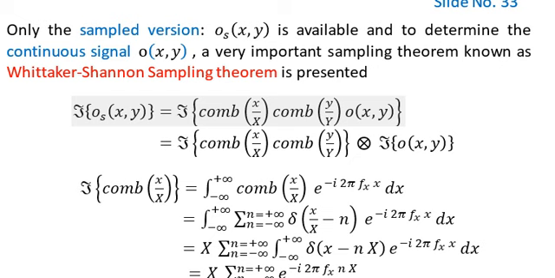And if you apply the convolution theorem, since the comb functions are multiplying with o, when you take the Fourier transform, the Fourier transform of the first signal will be convolved with the Fourier transform of the second signal.